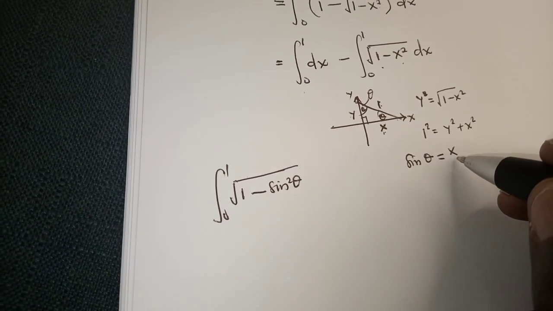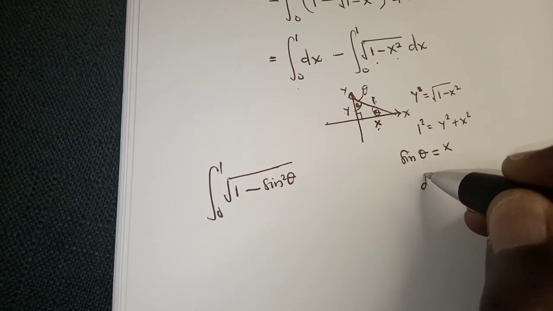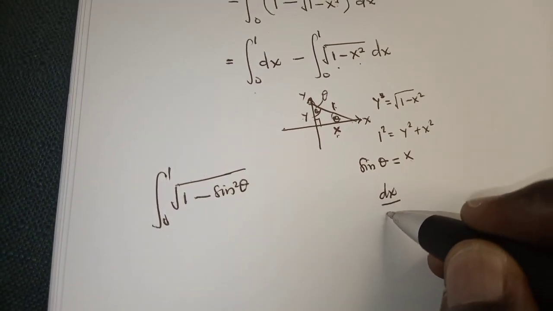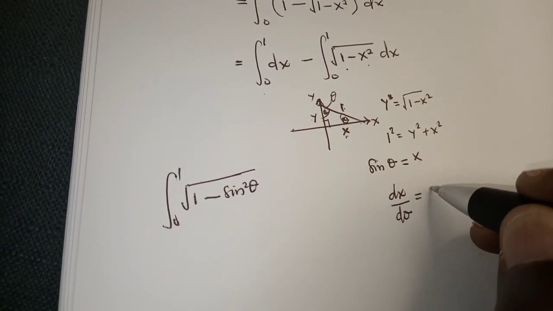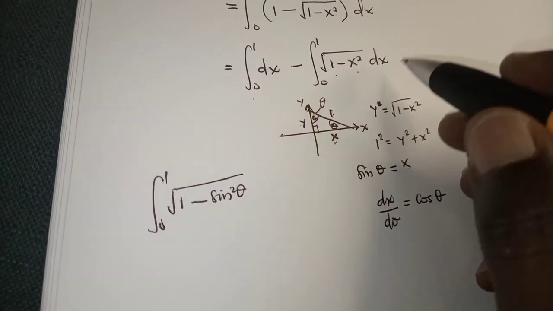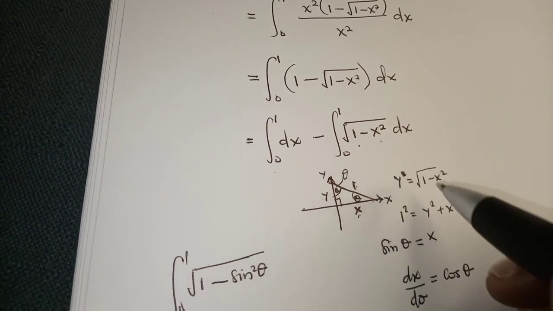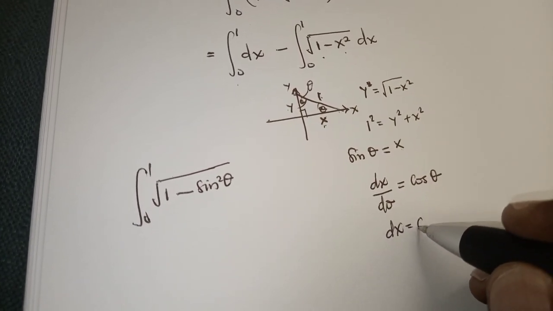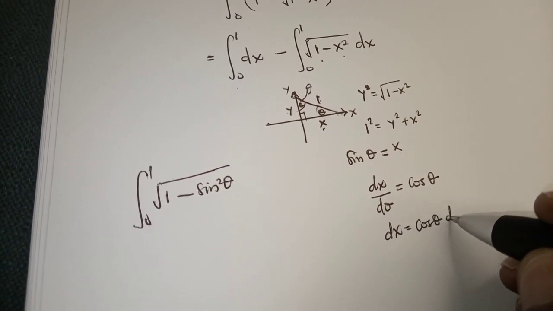Okay, now when you differentiate x in terms of theta, we'll be having cos theta. You know that here is the x, so we make x the subject. So we'll be having dx equals cos theta d theta.